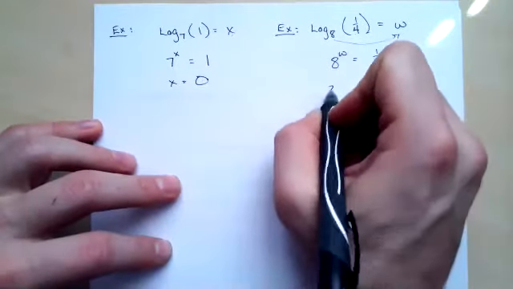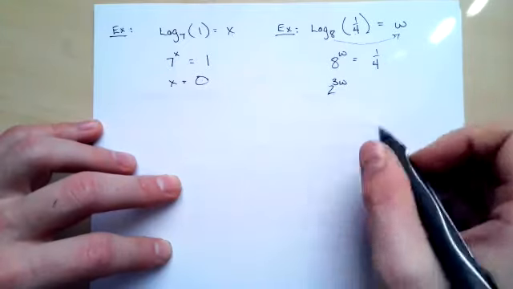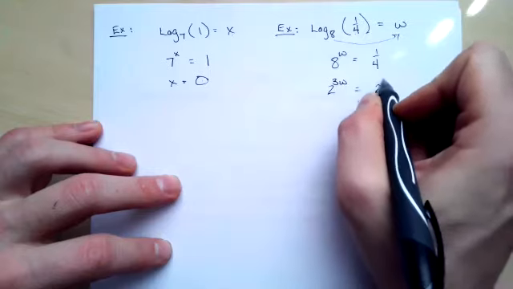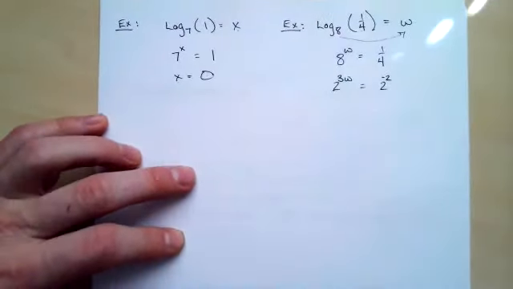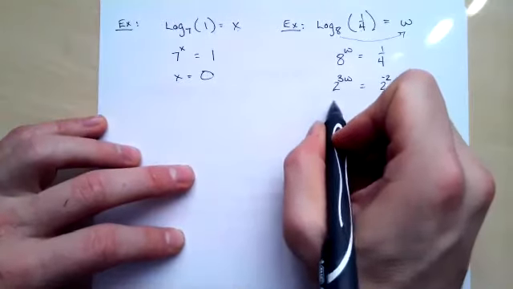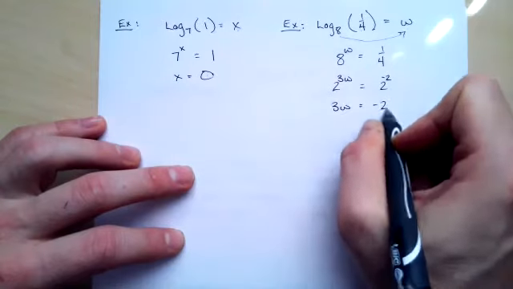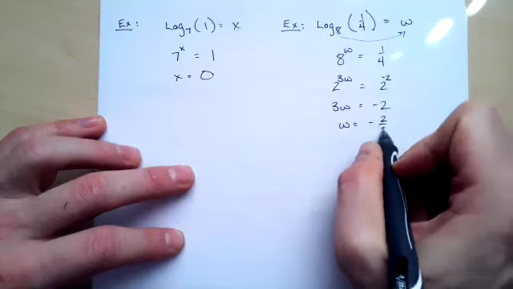So 8 is 2 cubed. So 2 cubed to the w gives me 2 to the 3w. And 1/4, so 4 is 2 squared. So 1/4 is 2 to the minus 2. And so now we can reduce our equation to setting the exponents equal. 3w is equal to negative 2. And so w is equal to negative 2/3.